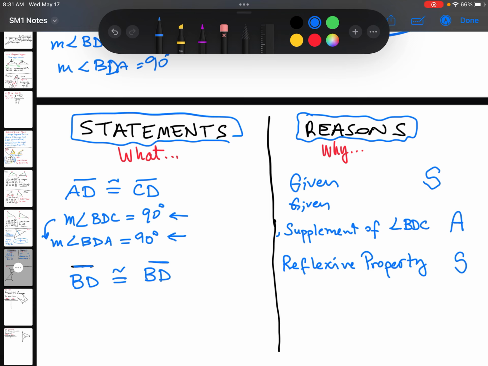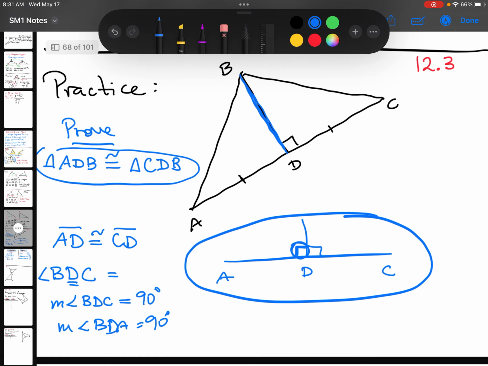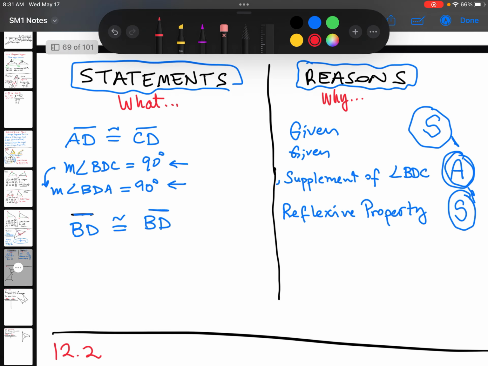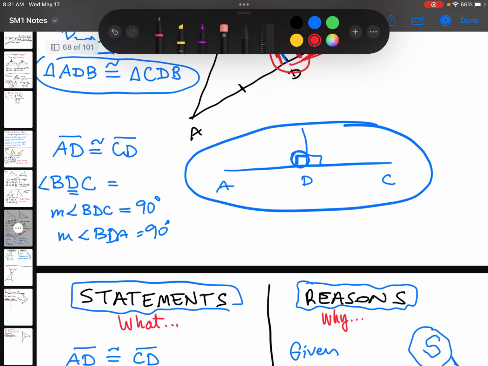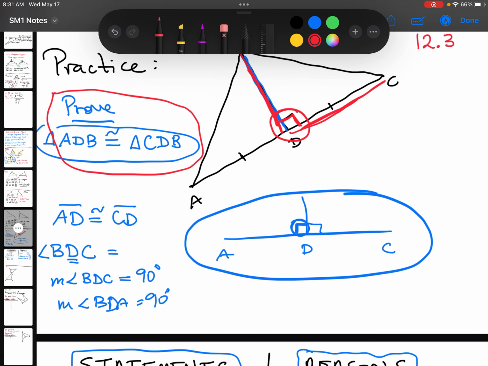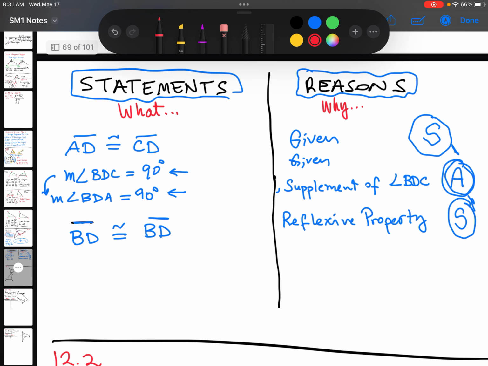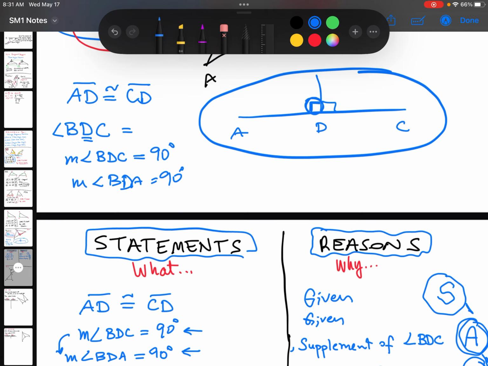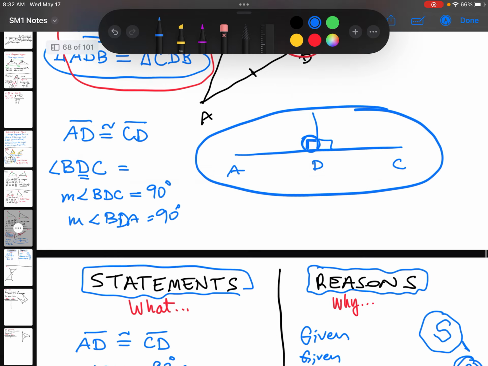Can you see how I made sure that I wrote a pair of segments, a pair of angles, and another pair of segments? And remember, this angle is in between the congruent segments, because I'm going to indicate in red. Here we go with this segment, and the angle is connecting both of them. Because of that, I can finally state what we wanted to prove, which means triangle ABD, or sorry, ADB.